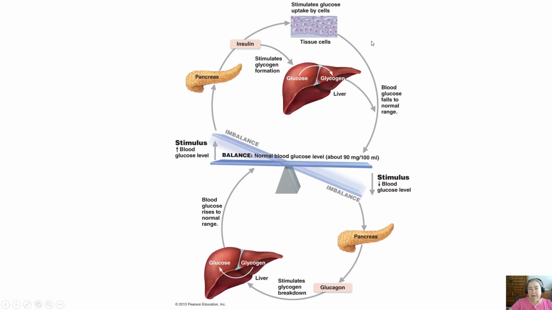And all of that brings the blood glucose back to normal. When blood glucose levels go down from starvation, the pancreas releases glucagon, which stimulates the breakdown of glycogen and the production, gluconeogenesis, the production of new glucose, which brings the glucose back to the normal range.